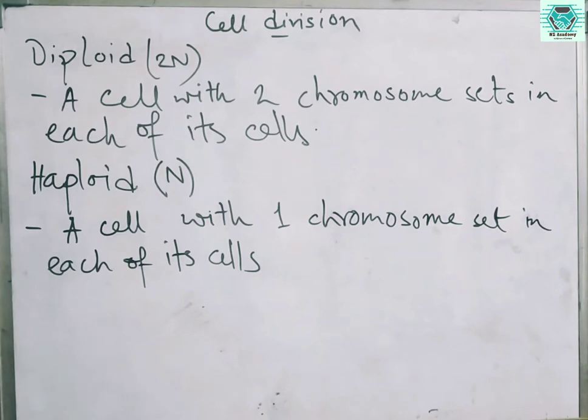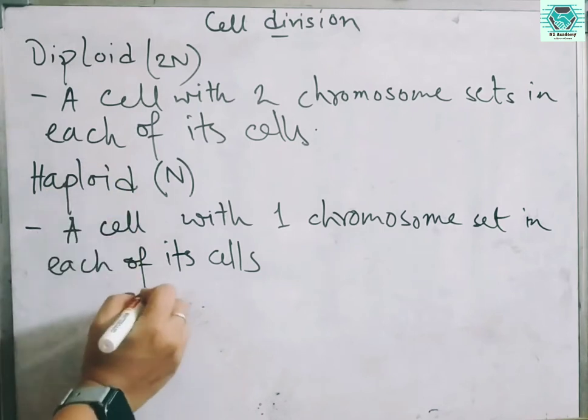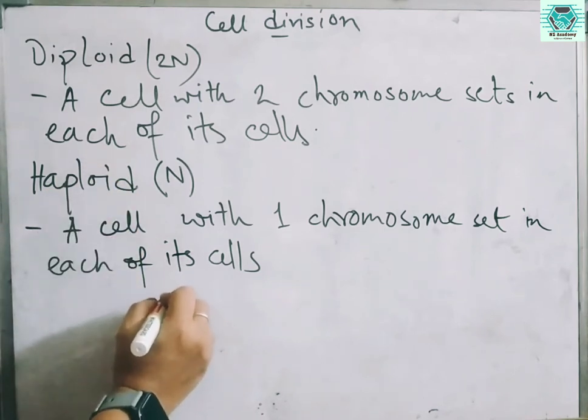So generally our gametes, like the sperm and eggs, are haploid cells.